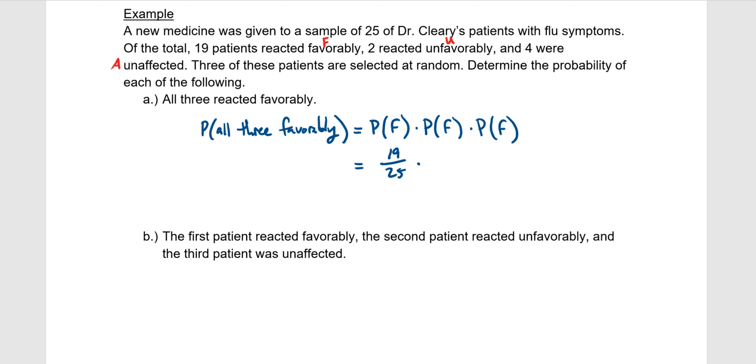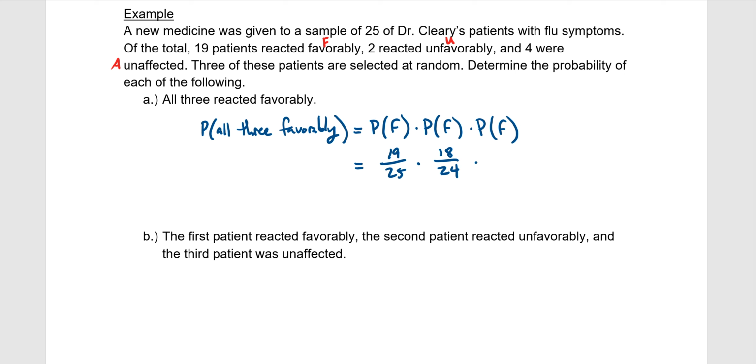Favorably is going to be 19 out of 25 because 19 out of the 25 reacted favorably. And we have to take into consideration that the first one reacted favorably. That means there's only 18 left to choose from. And since we took one out, that means there's 24 total left to choose from. For the last one, it's going to be pretty similar to what we just did.